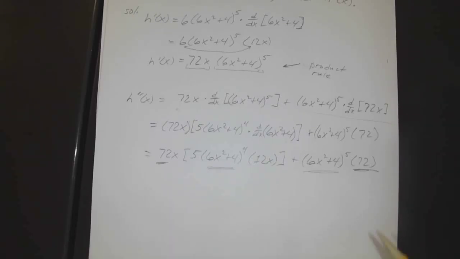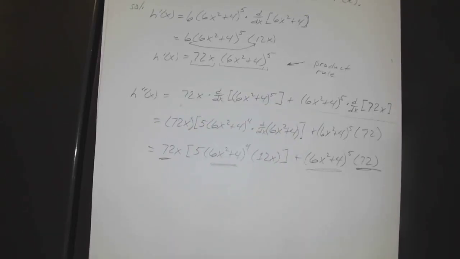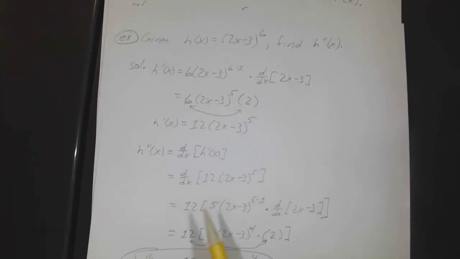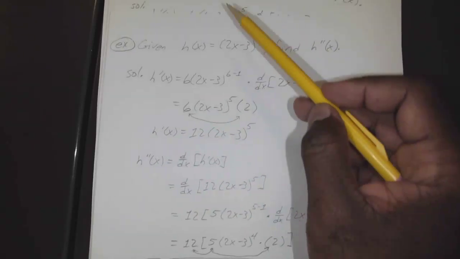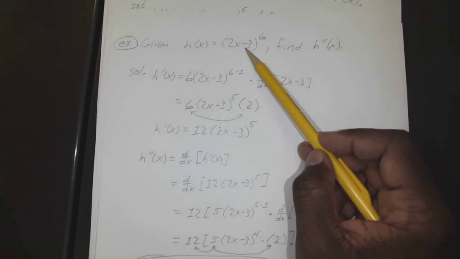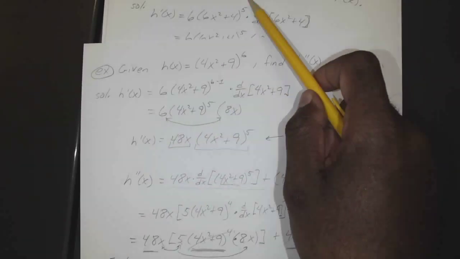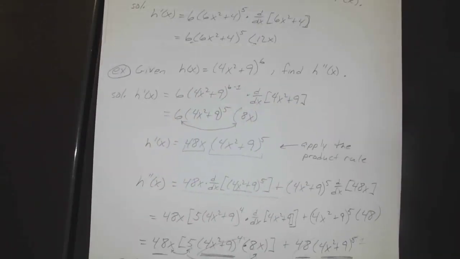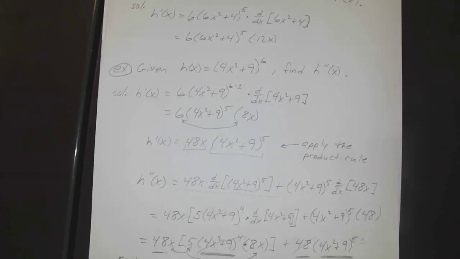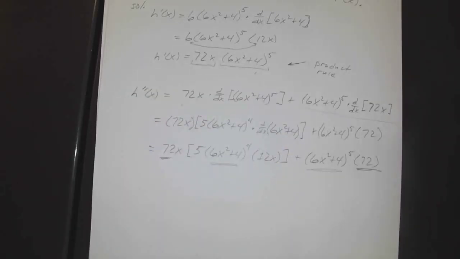You'll notice that you didn't have to do the product rule when you had 2x minus 3. But when you have x squared, you end up having to do the product rule. So whenever you see an x squared and they're asking for the second derivative, you're going to have to do the product rule on the second one. So you kind of know what to expect.